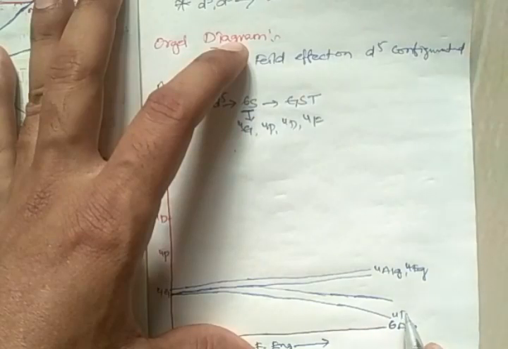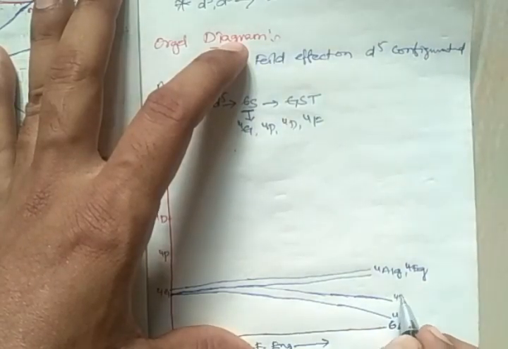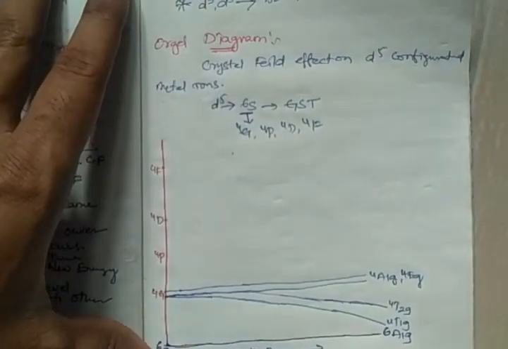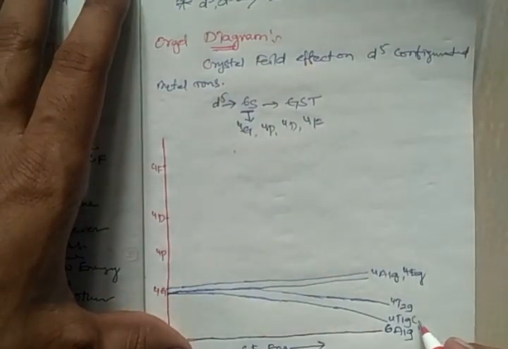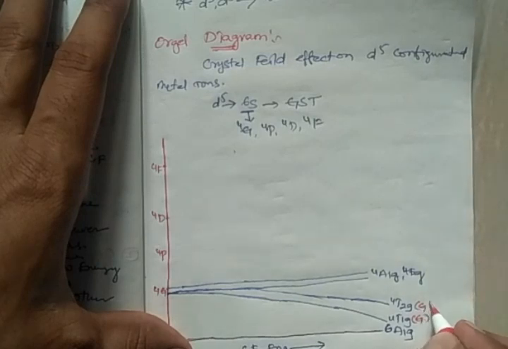This is 4T1g, this is 4T2g. Like this, all four energy states arise from the G term.